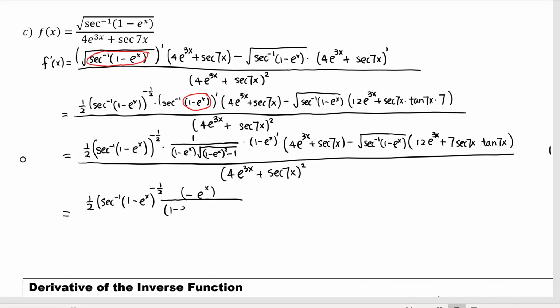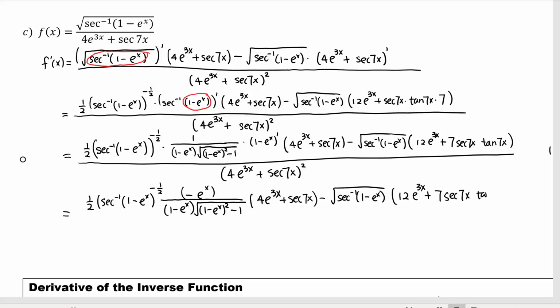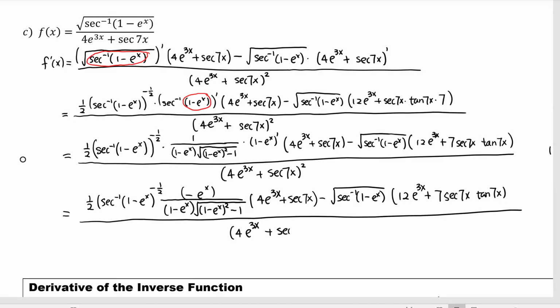So negative e^x times the square root of 1 minus e^x squared minus 1, and then we have 4e^(3x) plus secant 7x, minus the square root of secant(1 minus e^x), 12e^(3x) plus 7 secant 7x tangent 7x, all over 4e^(3x) plus secant 7x, squared. Whew, that finished the problem.